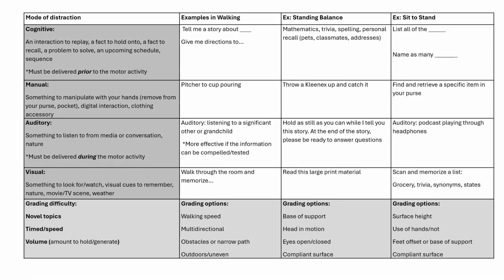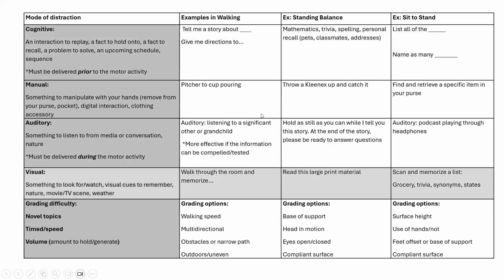Surface height, lower, more difficult, use of hands or not, feet offset, one slightly in front of the other, change of base of support in some other fashion, compliant surface. Now, all of these give us the opportunity to systematically make a task more difficult in terms of its physical constructs. We can change up the modality and be less burdensome on the clinician.